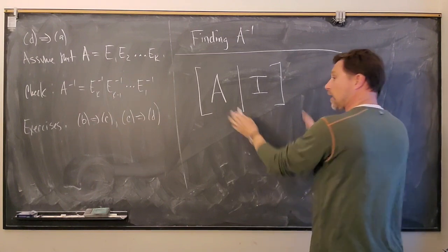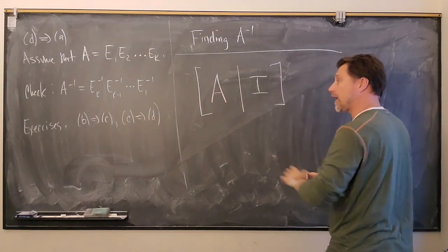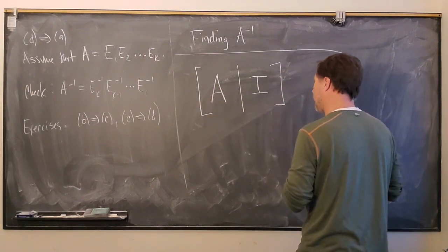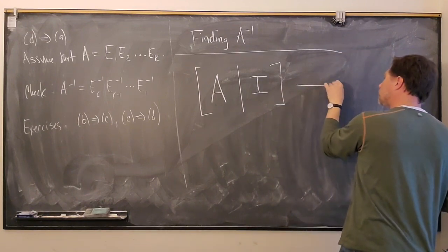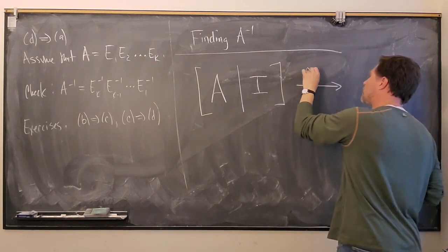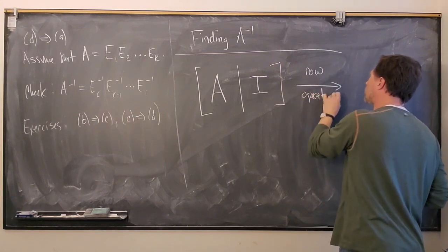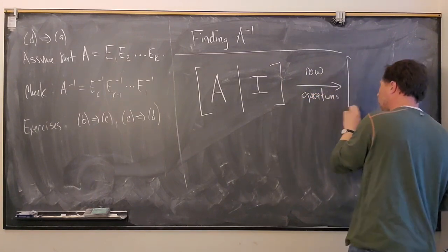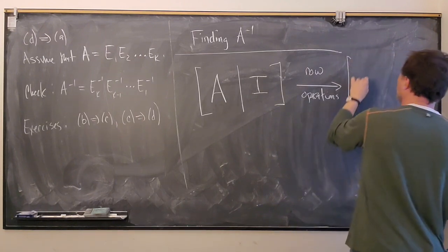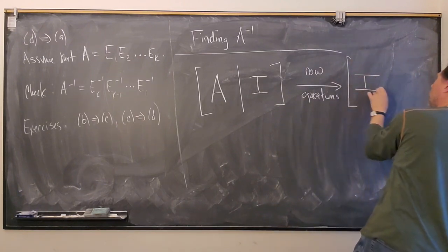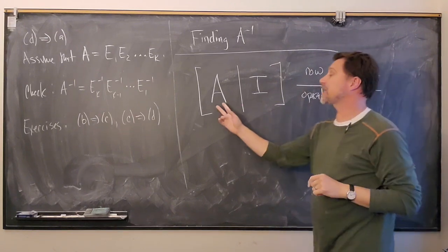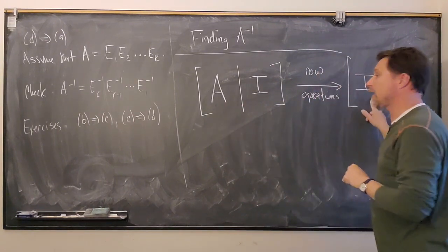So now I've got an augmented matrix. I've got A on the left-hand side, I on the right-hand side. What I want to do is row operations that will turn the matrix capital A into the identity matrix.